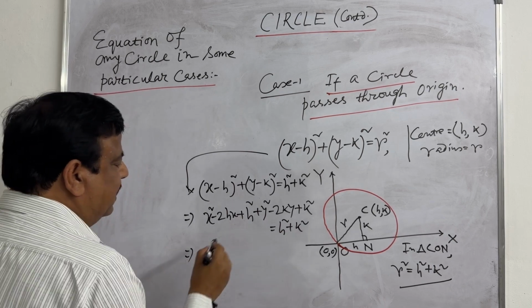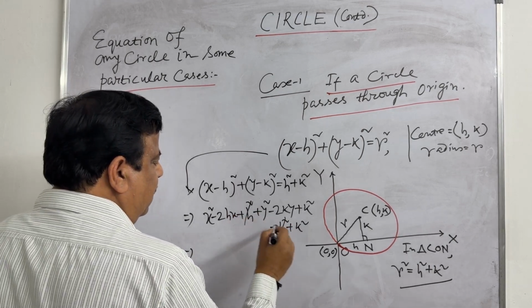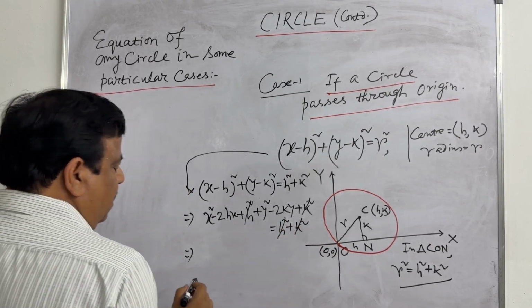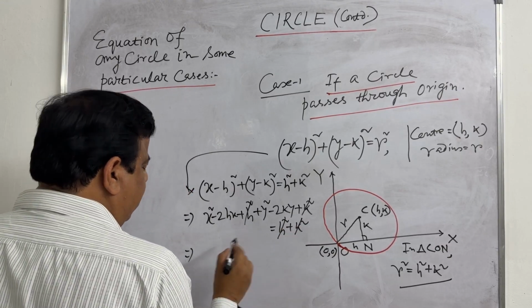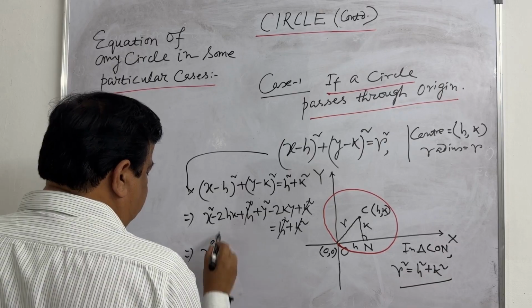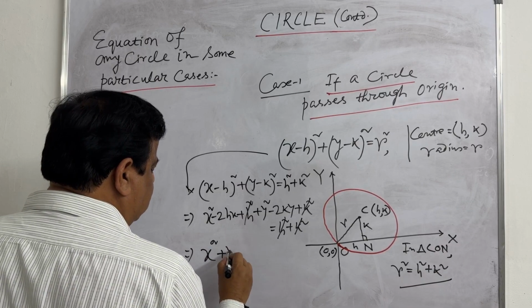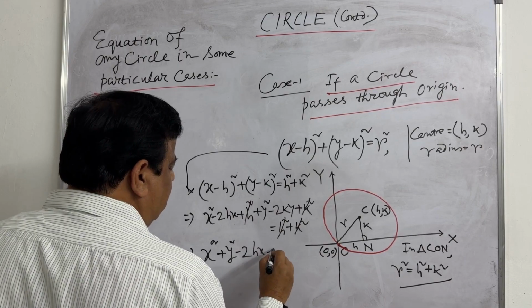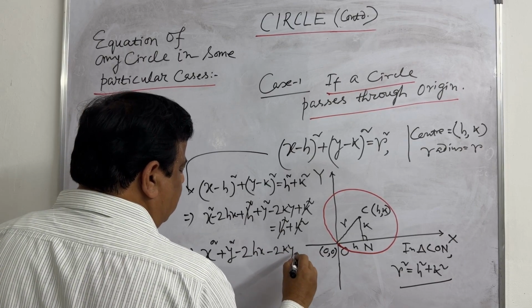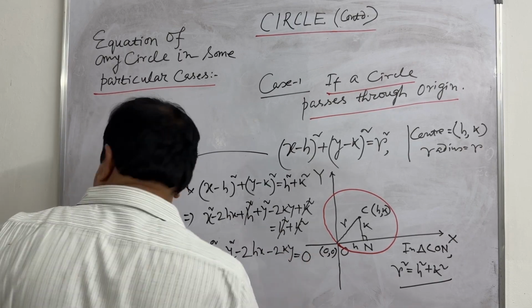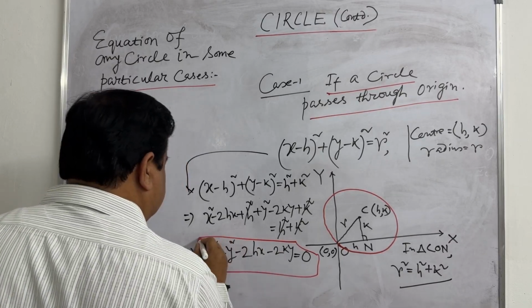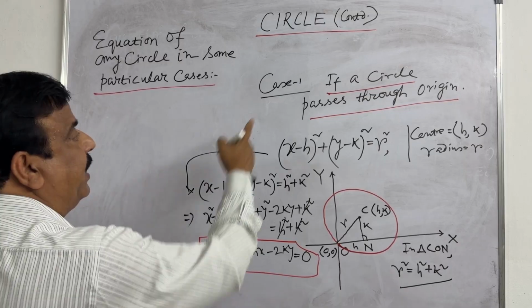So if you cancel h square and k square, then what equation will you get? That is x square plus y square minus twice hx minus twice ky is equal to 0. So this will be the equation of the circle for case 1.